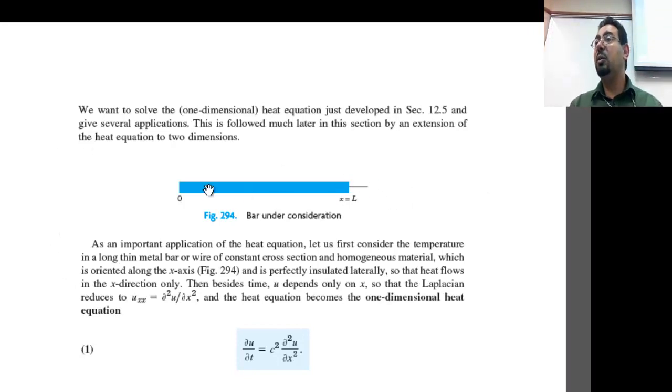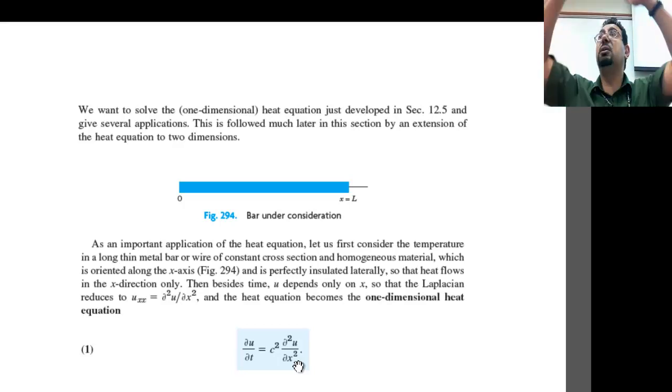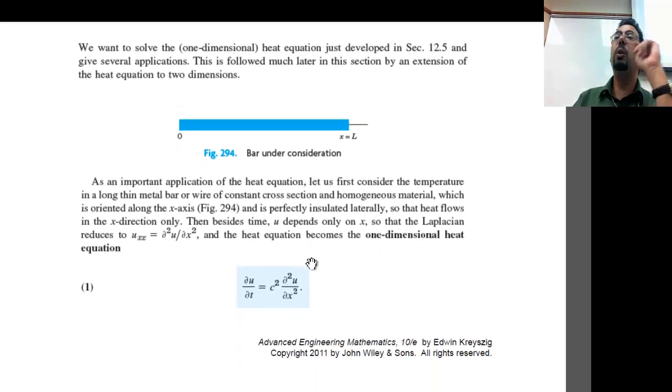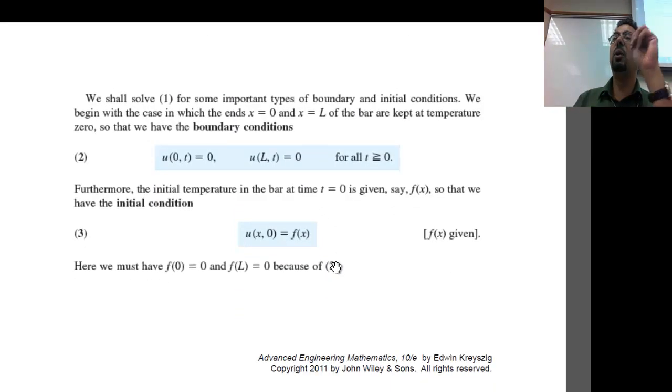So the temperature profile in here, U is now not displacement, U is temperature. The U is a function of T and X. At different location, different time, this wire will get hotter or colder, right? And we want to get the solution, U as a function of T and X. So he will do exactly the same trick like before.